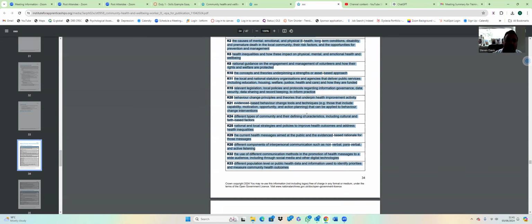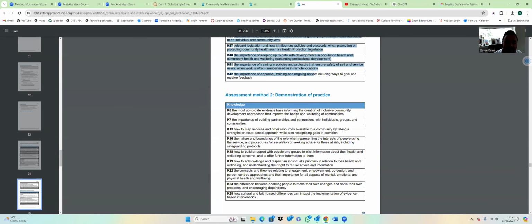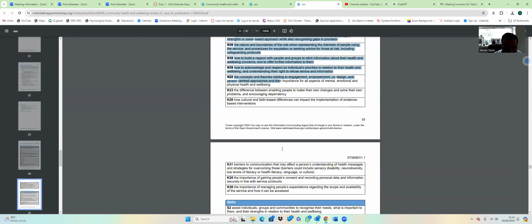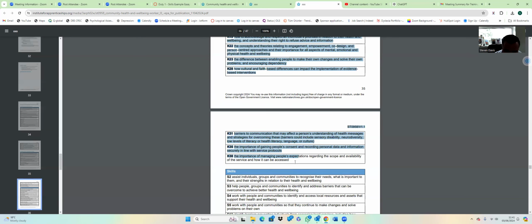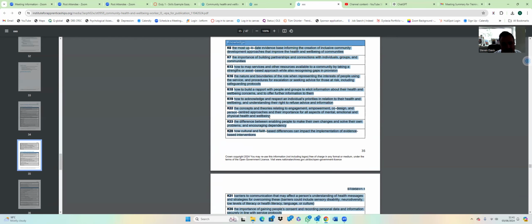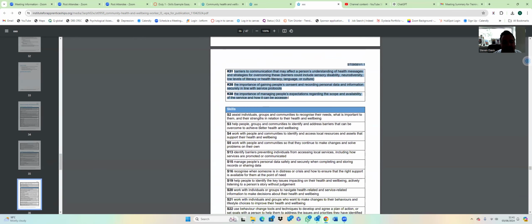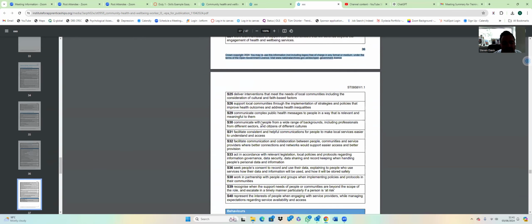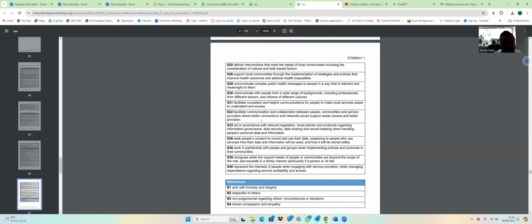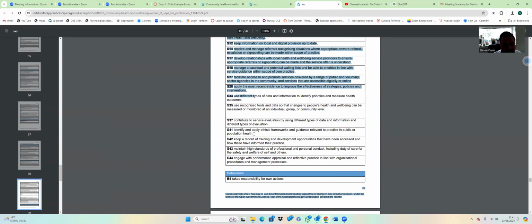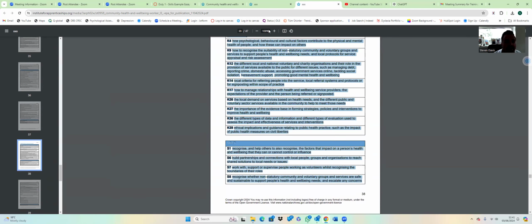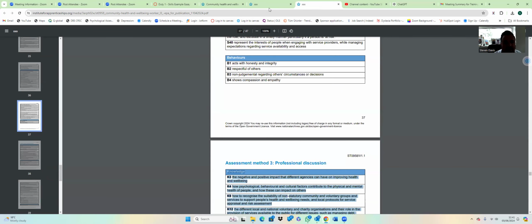That's there. In the demonstration tasks, this is what you need to know. So you need to know about your local services. Okay, so that's what you need to know. And then there's your skills. And then in your professional discussion, this is what you should be able to talk about and answer. Okay, so that's your skills, your knowledge, and your behaviors there.